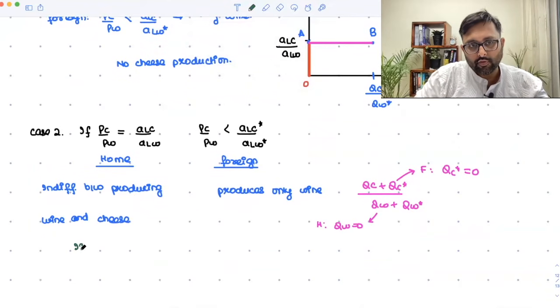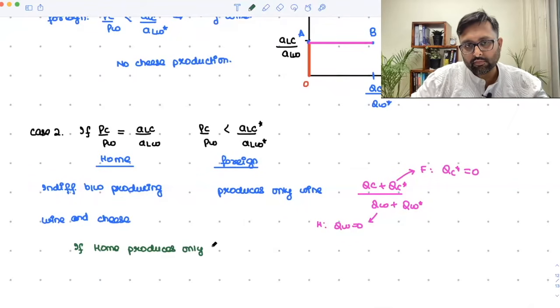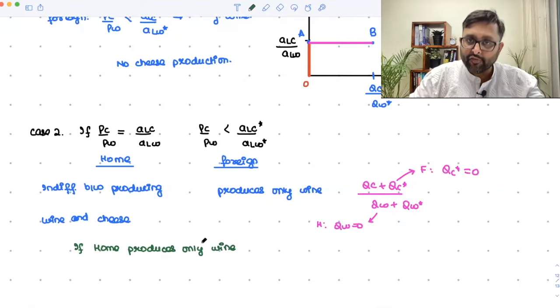If home produces only wine, foreign is definitely producing wine. Foreign doesn't have a choice. If home produces only wine, we are at A.